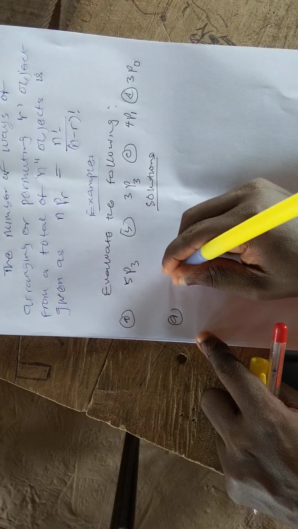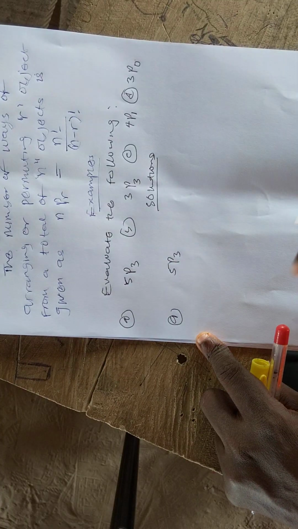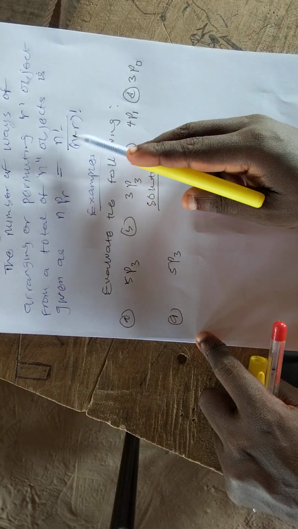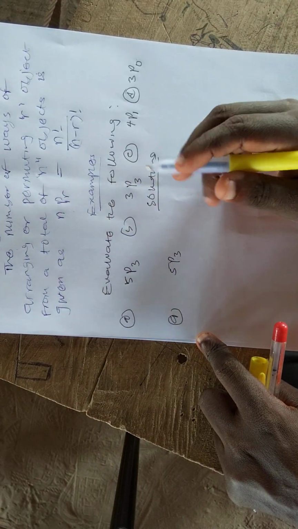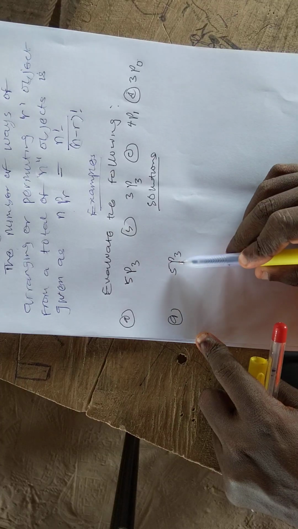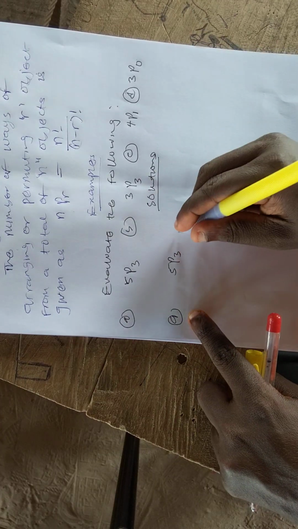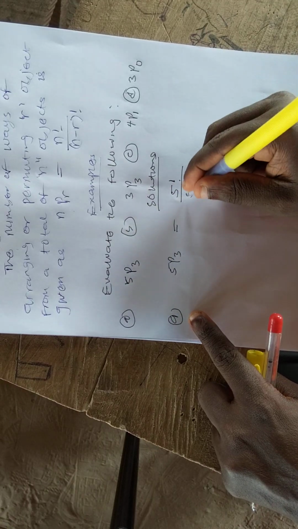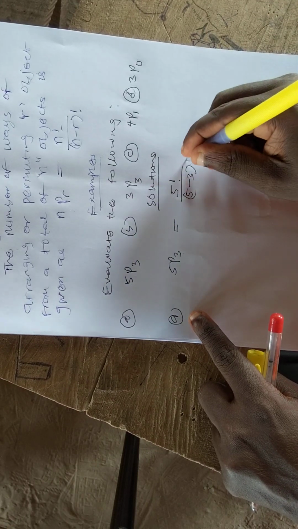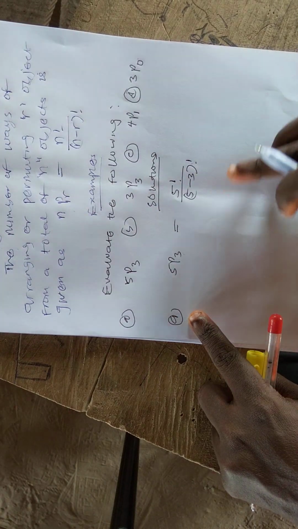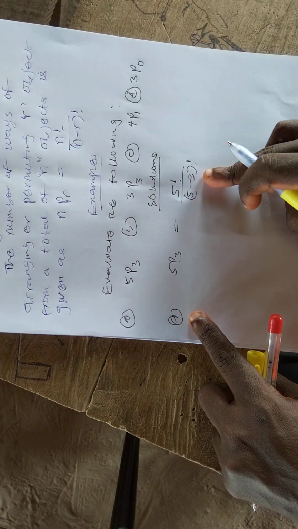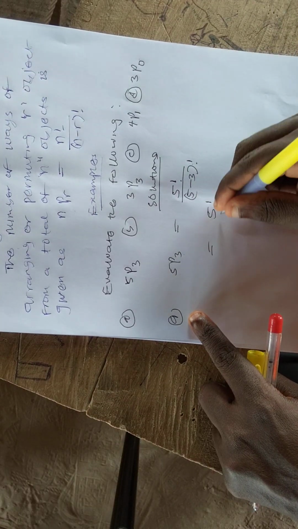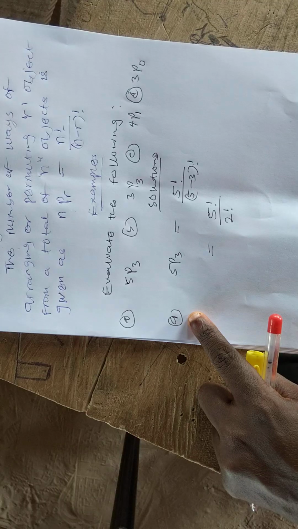A, 5 permutation 3. Following the formula, nPr equals n factorial over n minus r factorial. So 5 permutation 3 is equal to 5 factorial over 5 minus 3 factorial, which gives us 5 factorial over 2 factorial.